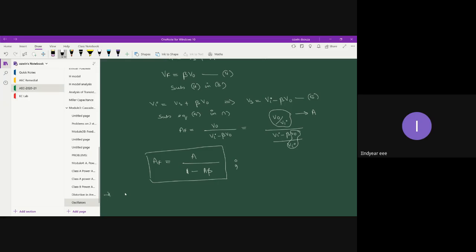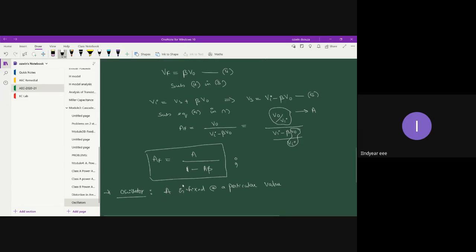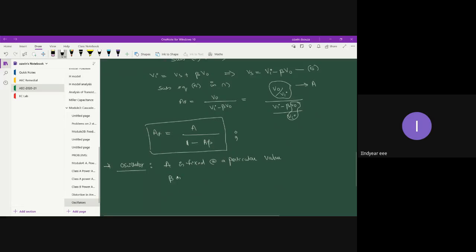Now, generally, in case of an oscillator, A is fixed. That is, the amplifier gain is fixed at a particular value, and beta is varied. This is how we try to generate the waveform even in the laboratory.